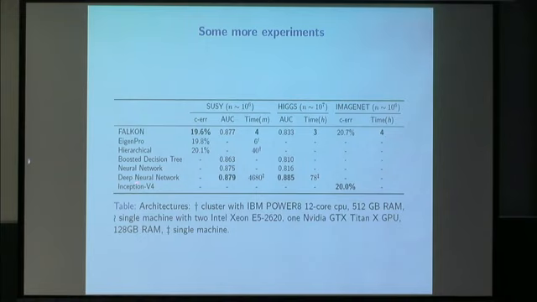Okay, so we took the convolutional part of Inception V4 to produce a good feature for the images, and then we applied Falkon on it, and you see that you achieve essentially the same accuracy. So it means, for example, if you want to do transfer learning, it could be a good way to try or to go.